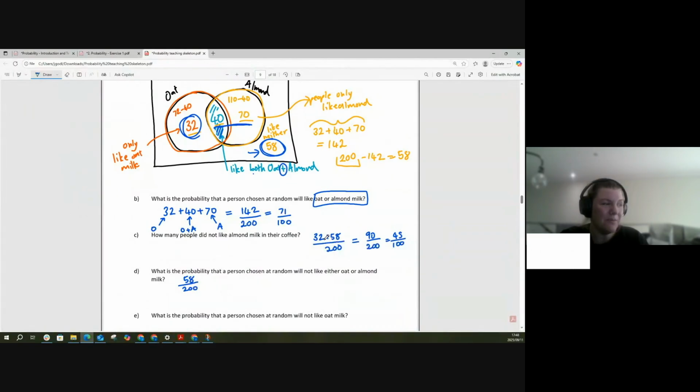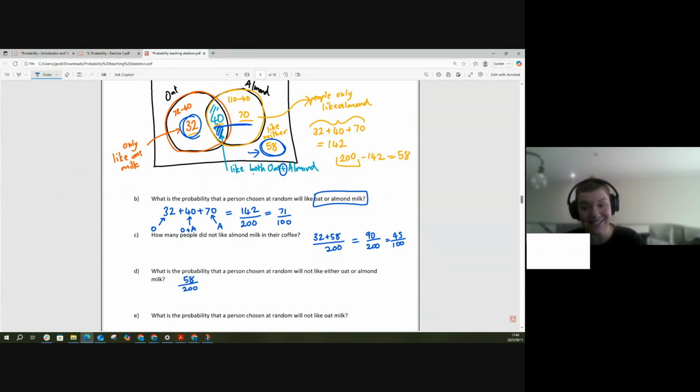Okay, what is the probability that a person chosen at random will not like oat milk? Okay, I second guessed myself for a second. What is the probability that a person chosen at random will not like oat milk?